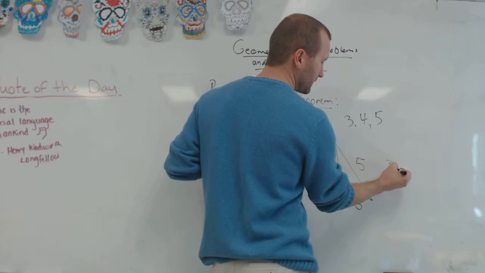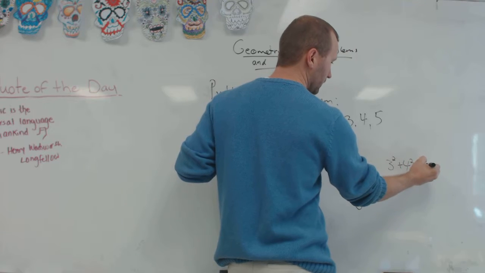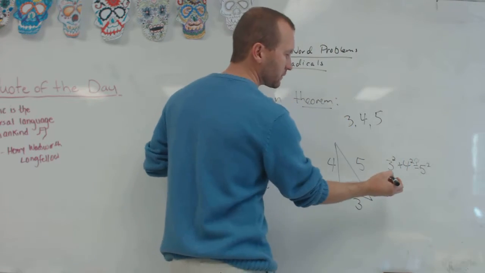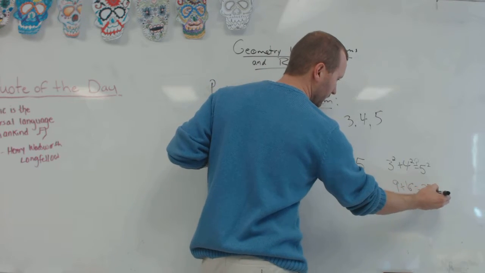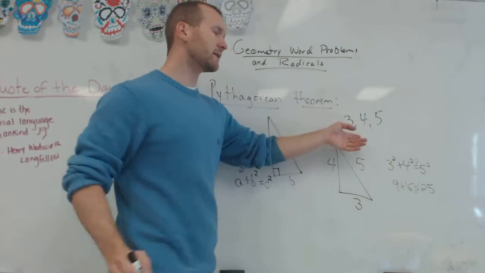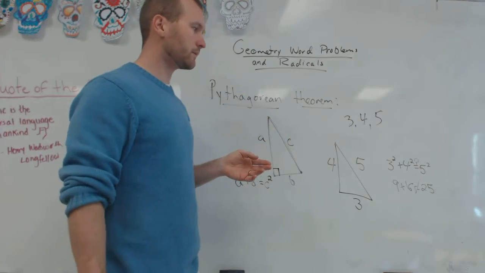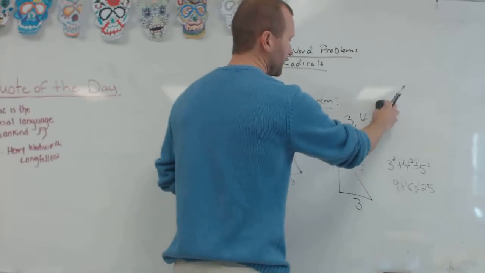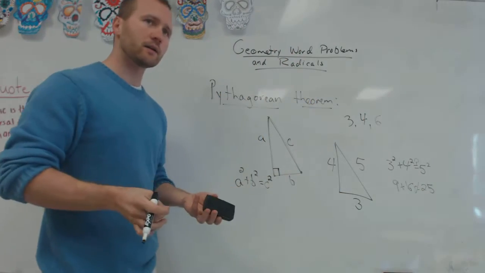So does 3 squared plus 4 squared equal 5 squared? Yes. And in this case, we have 9 plus 16 equals 25. That is true. So these are the sides of a right triangle. 3, 4, and 5. Okay? But if I had given you different numbers, like if I had said 3, 4, and 6, are these the sides of a right triangle?